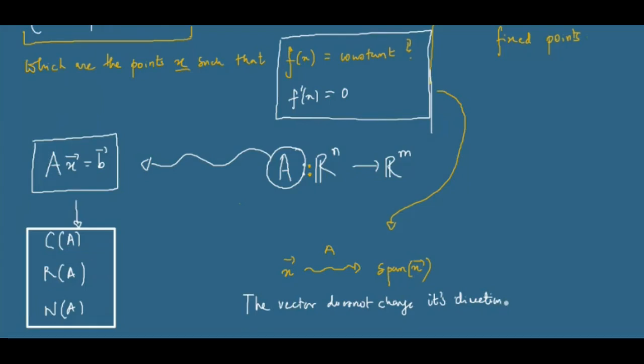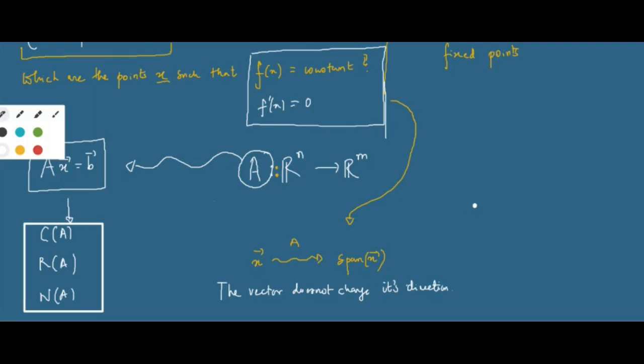In advanced linear algebra, we will try to find a subspace which does not change its direction, that is, after the transformation the subspace goes into the subspace. You can say the span is going into the subspace of this.